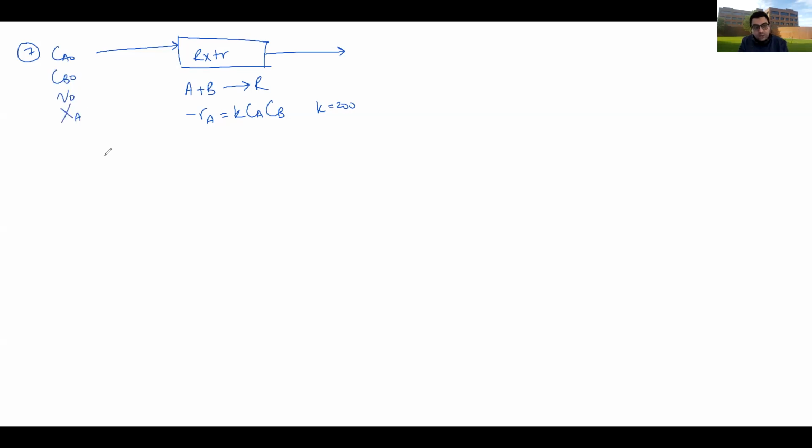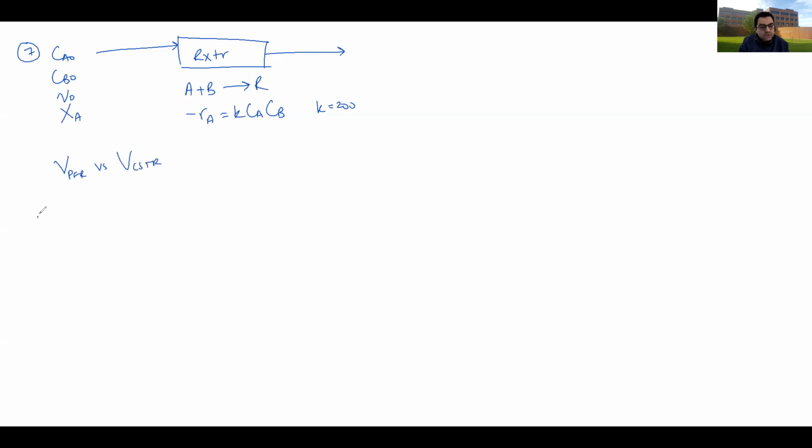You're given numbers for all of them: this one is 100, this one is 200, this one is 400, and this one is 0.999. I need to find V PFR versus V CSTR. Which one is smaller?